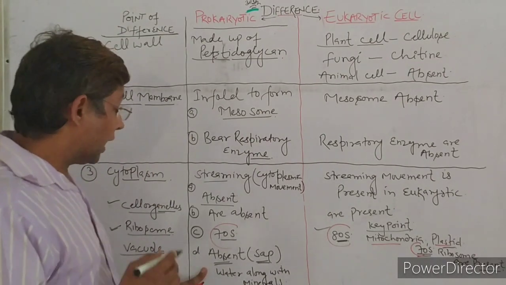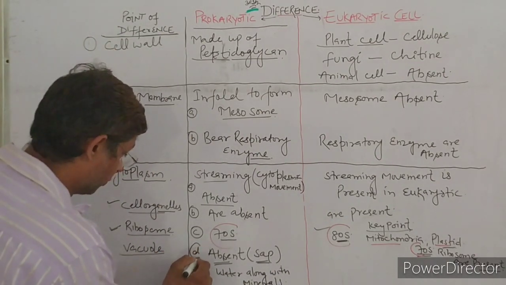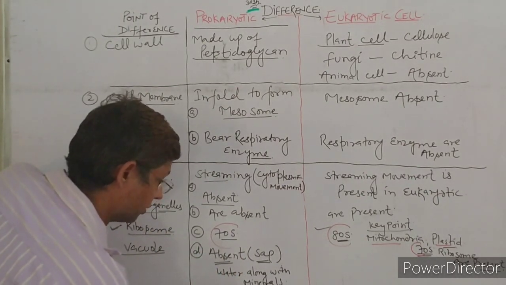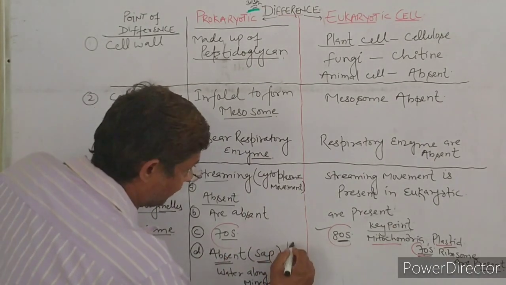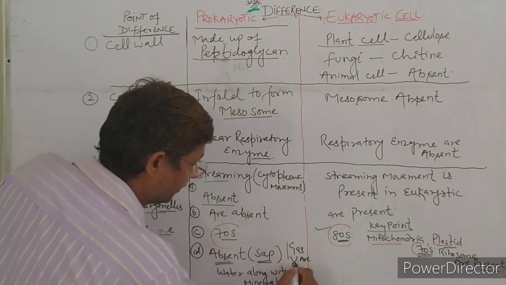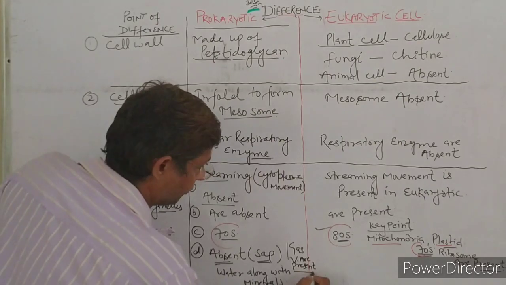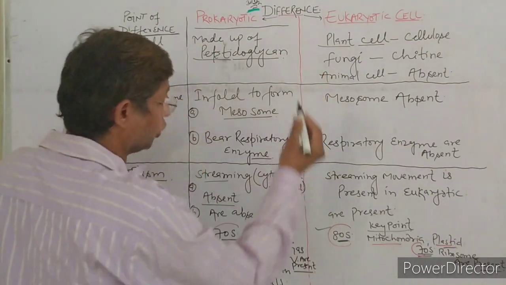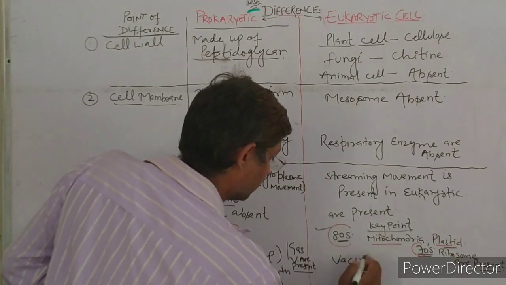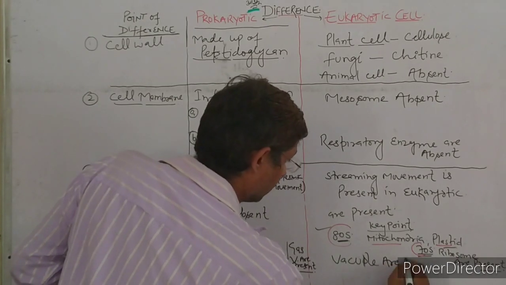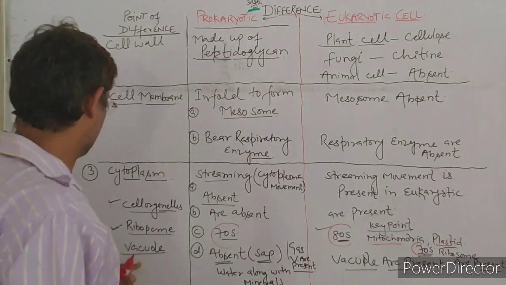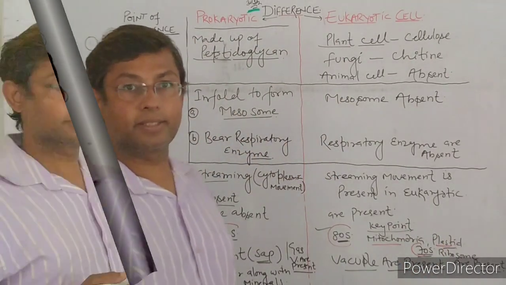Sap vacuoles are absent in prokaryotes, but gas vacuoles are present. While in eukaryotic cells, vacuoles are present. This is the next difference.